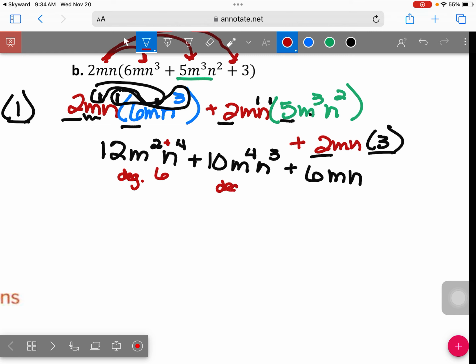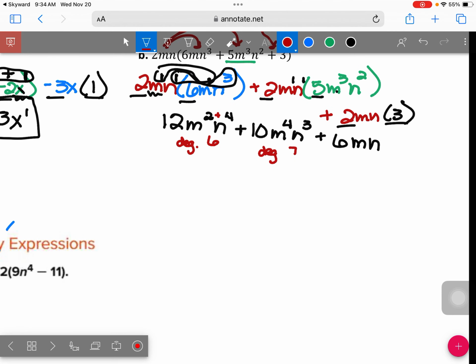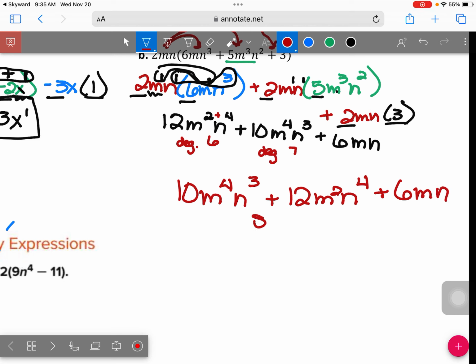This has a degree of 7. So if I were to rewrite this, and it doesn't say this, but if we did tell you to, you would put 10 m to the fourth n to the third plus 12 m squared n to the fourth plus 6mn. This is standard form.